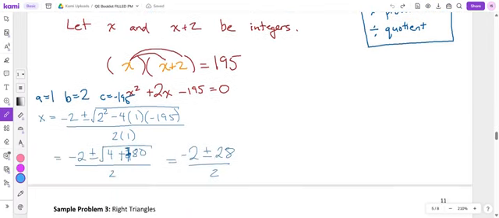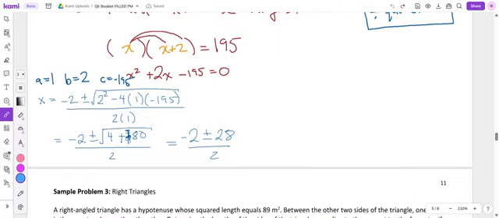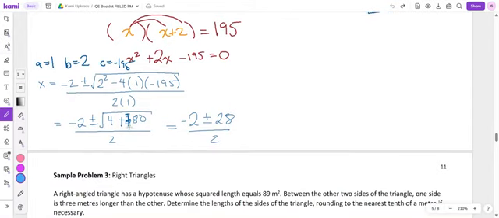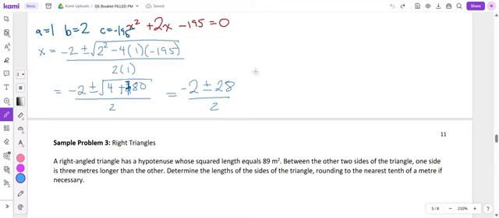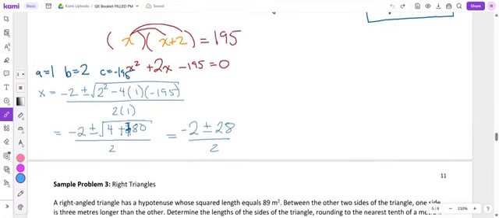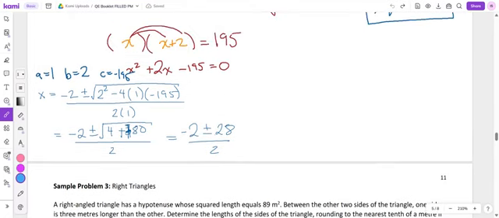We're still on the solve part. We wrote the equation, we expanded it, and then we said we're going to use the quadratic formula. So we plugged in our A, B's, and C's, and we're at this point where we have that x equals -2 ± 28 over 2.